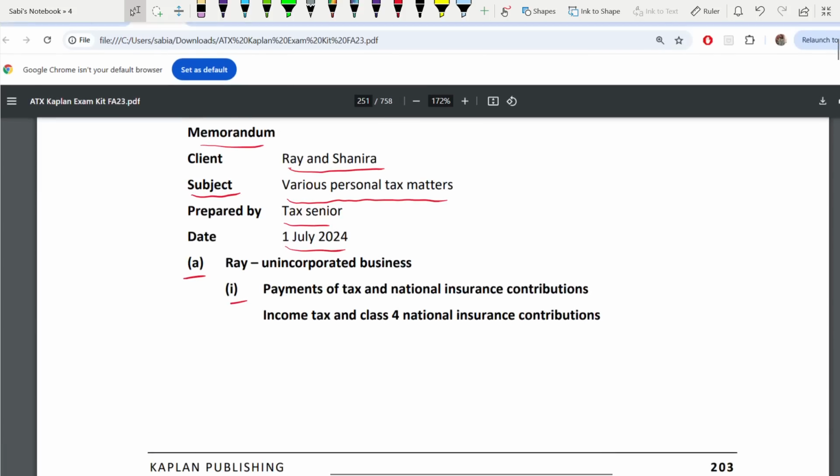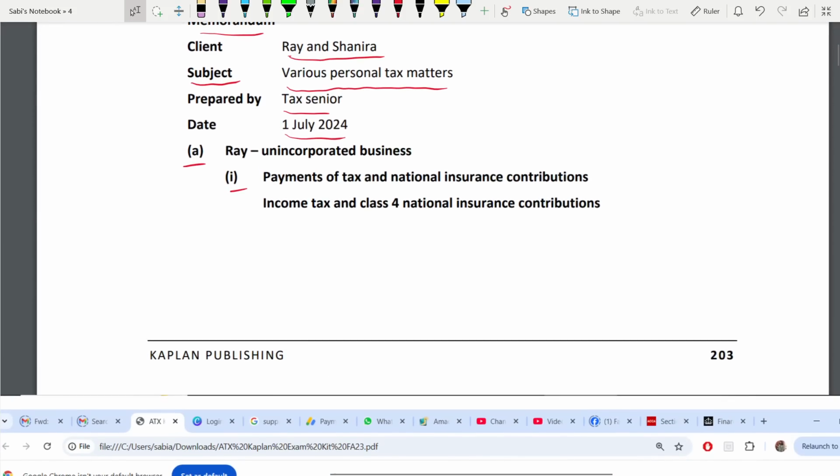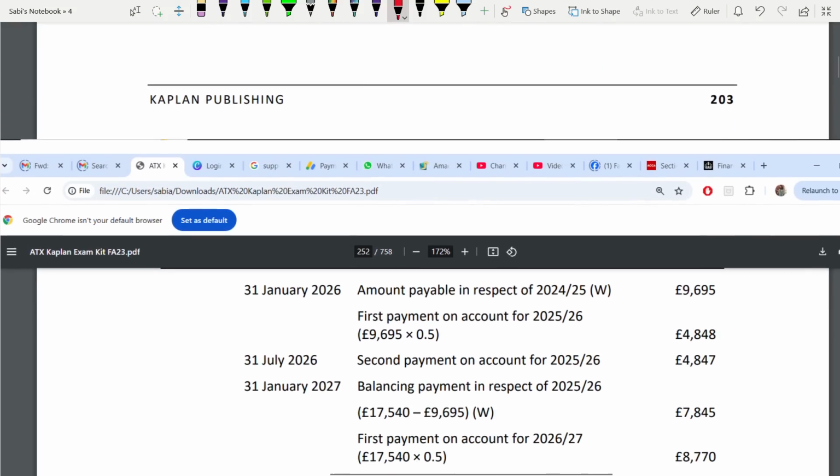Okay, so this is how the structure will look like. What is it? Unincorporated business. Always write the subheading in bold. What are you going to calculate? Tax and NIC. Income tax and class 4 NIC. They will go together. Why income tax and class 2 NIC?